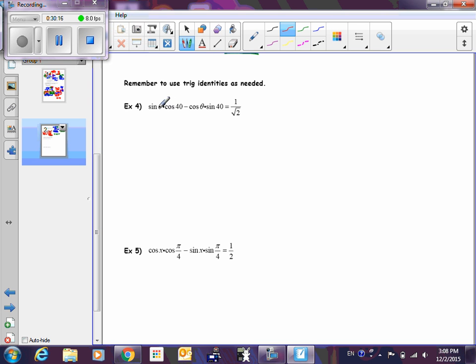Okay, this right here is begging for a trig identity to be used. I want you to either look on yesterday's notes or your blue formula card, and I want you to find which trig identity this is. It's one of those sines or cosines, a plus b or a minus b.